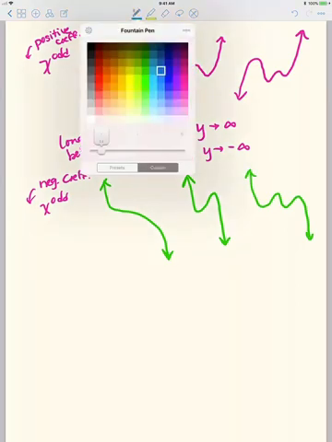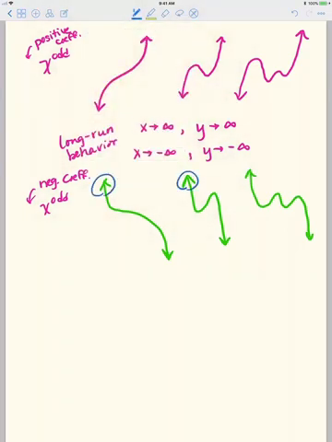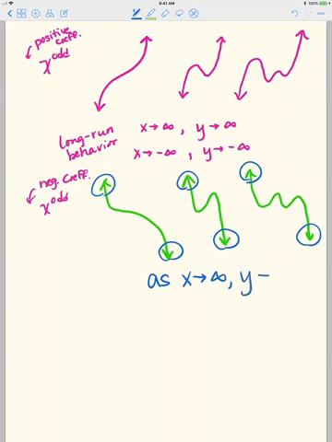But you have that end behavior going in opposite directions, and as x gets infinitely large, the function value gets infinitely large in the negative sense. And then as x gets infinitely large in the negative sense, the function value goes up to positive infinity. So those are the long run behaviors, depending on whatever the leading term is.